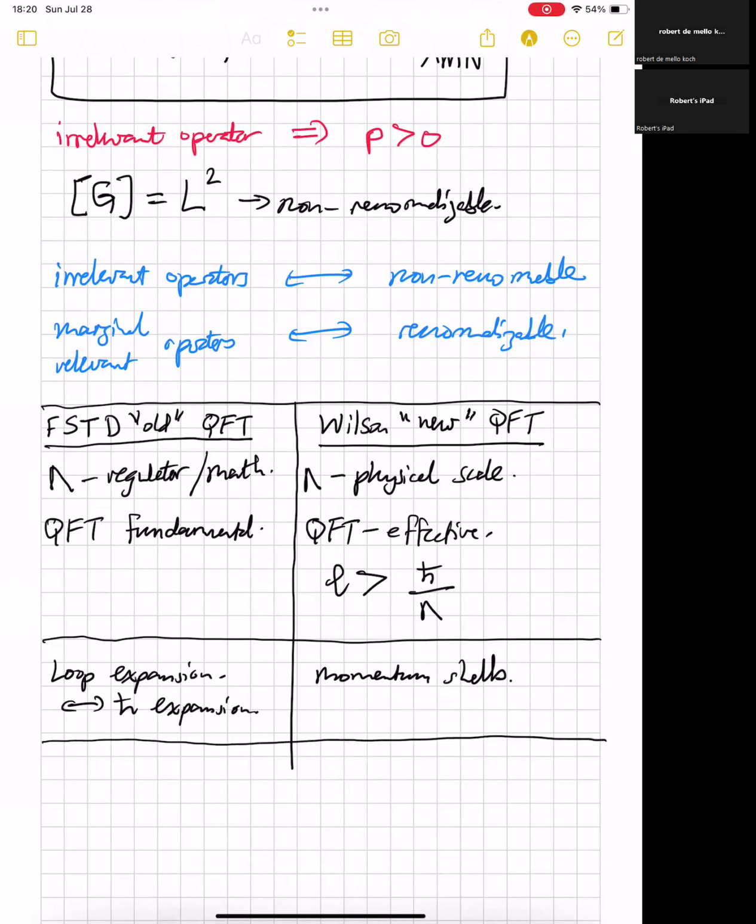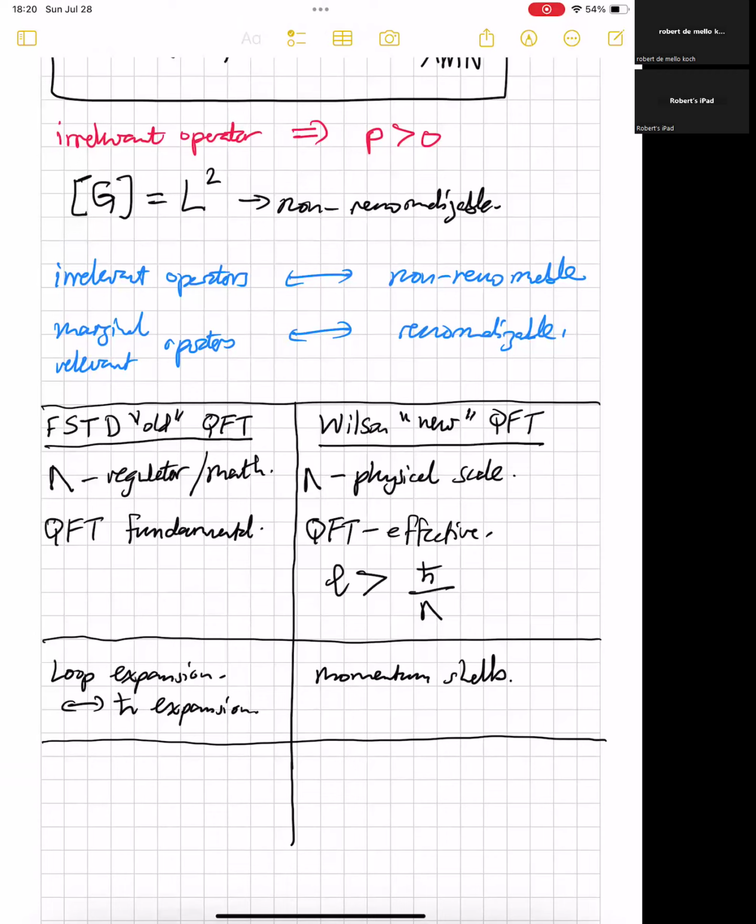The highest momentum modes correspond to very short distances, and you slowly keep integrating out the higher momentum modes until you eventually get a theory that's defined on long length scales, an effective theory defined on large length scales. So completely different way of viewing it compared to Feynman, Schwinger, and Tomonaga.